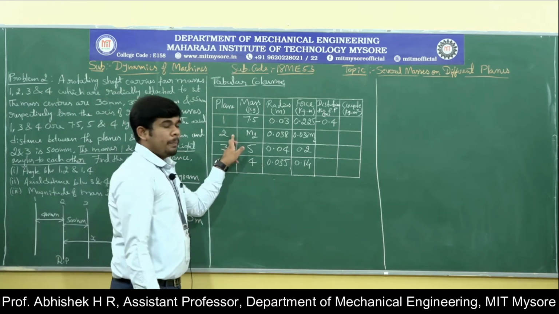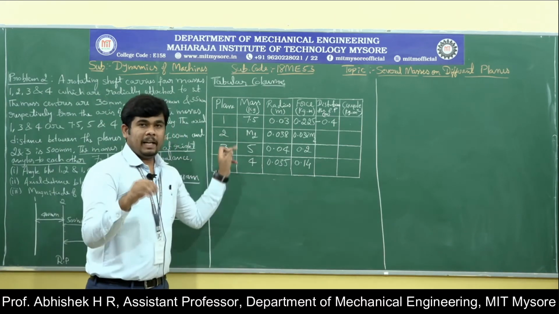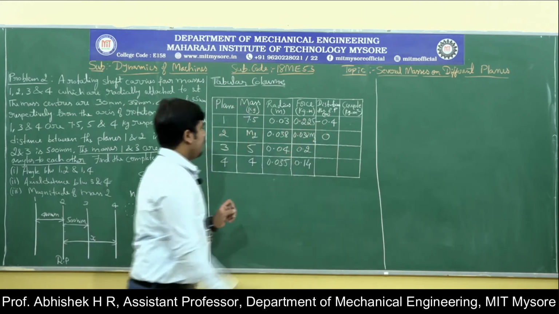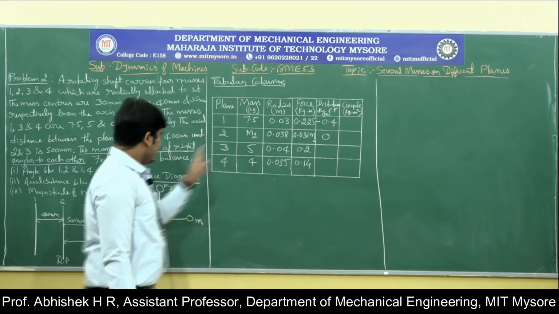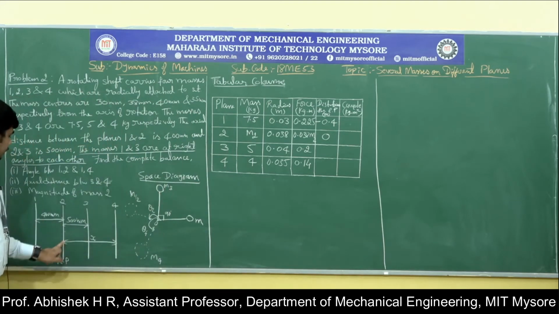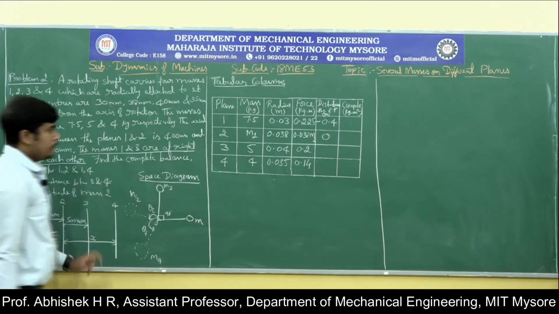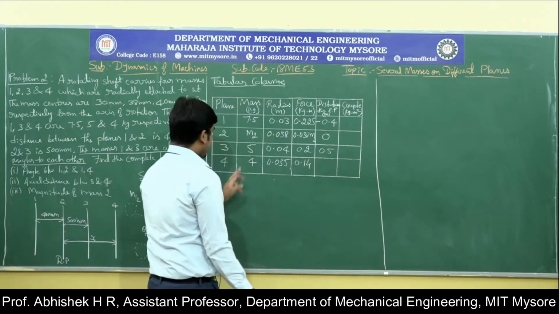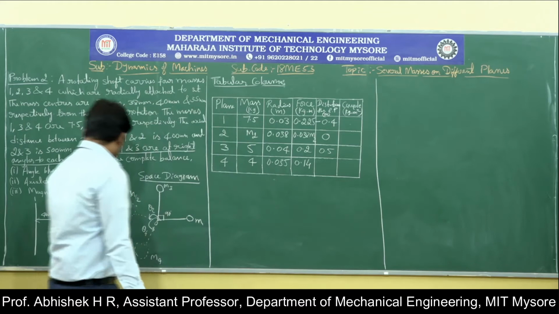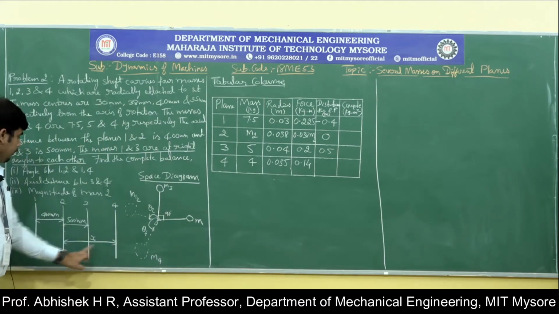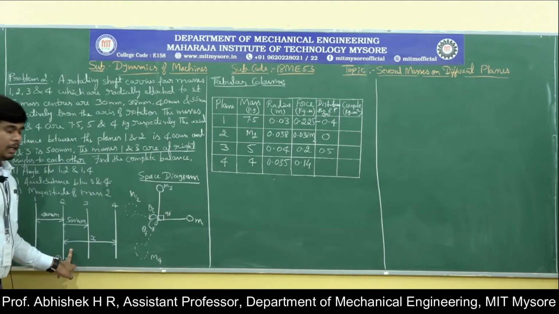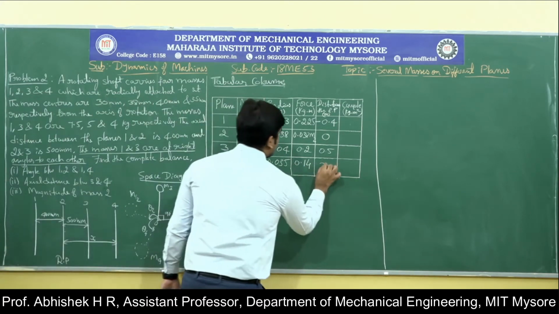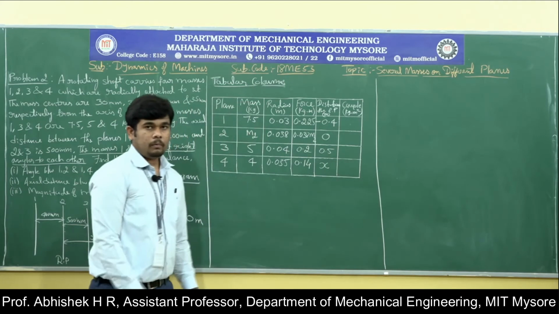Then plane 2: since I have considered plane 2 as the reference plane, the distance will be 0. Then plane 3 from the reference plane is 500 mm, so it will be 0.5 meter. Then for plane 4, we do not know the distance from the reference plane, so I will just write it as x.